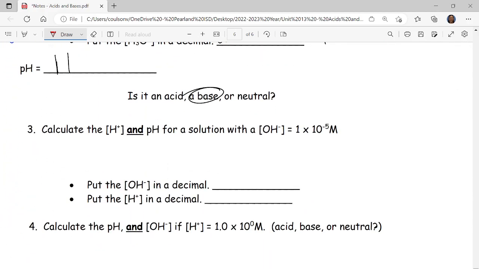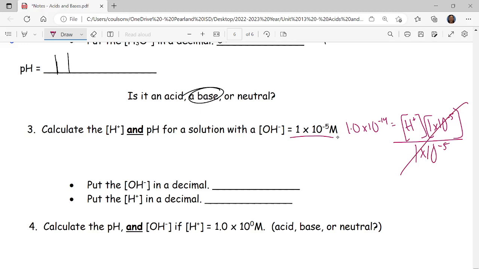Number 3 says calculate the hydrogen ion concentration and the pH for a solution with a hydroxide ion concentration of 1 times 10 to the negative 5th. So if I have my ionization constant of 1.0 times 10 to the negative 14th equals my hydrogen ion concentration, that is not given to me, times my hydroxide ion concentration of 1 times 10 to the negative 5th, I would divide by 1 times 10 to the negative 5th.